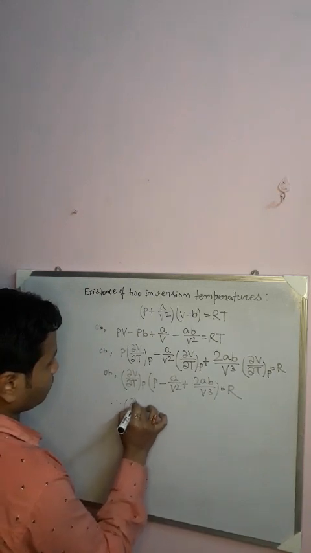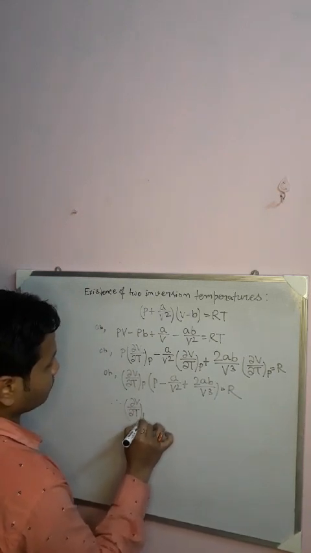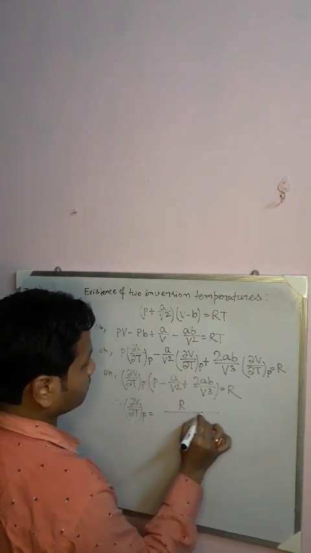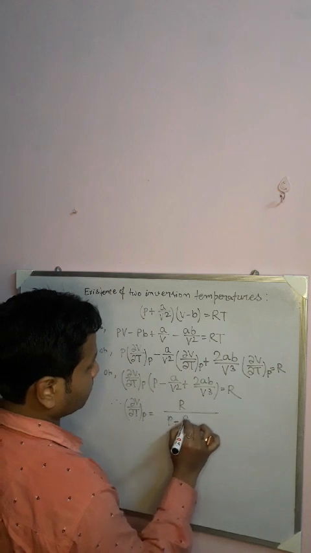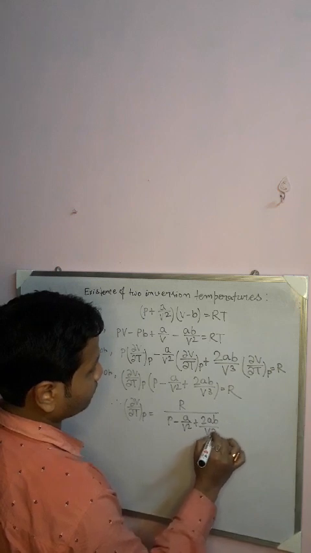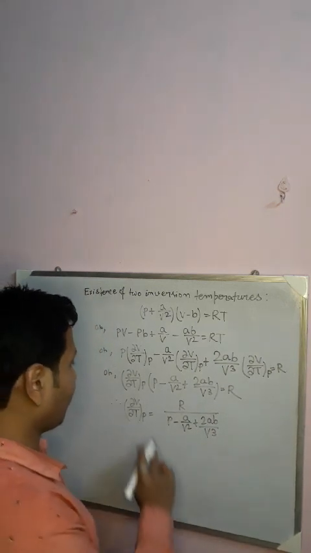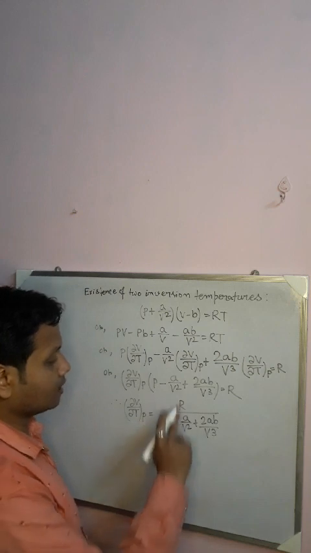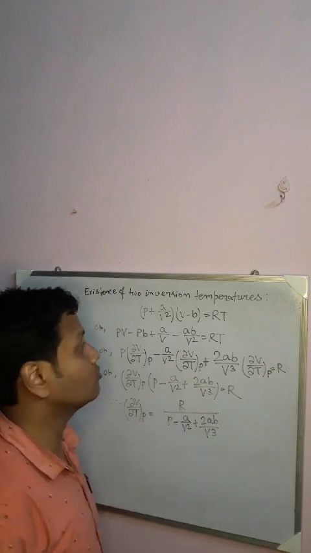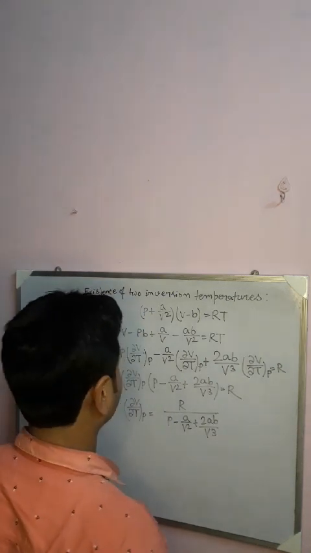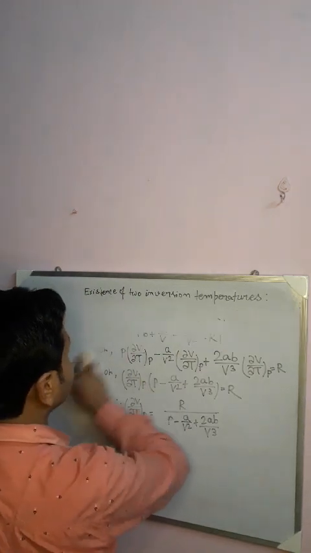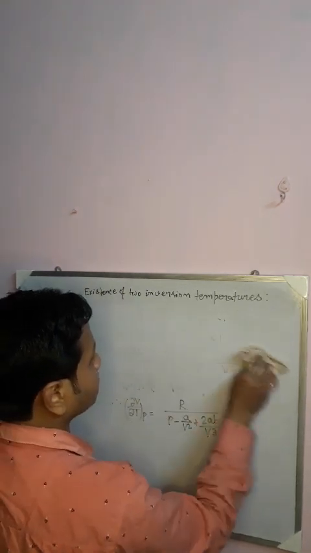From which we get (del V/del T) at constant pressure, this is simply R by P minus a by V square plus 2ab by V cube. Now we substitute this value in the JT coefficient expression.